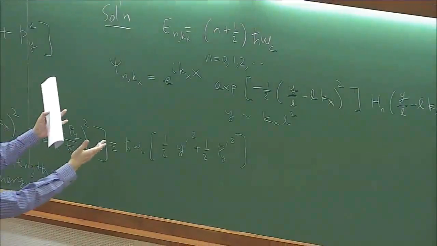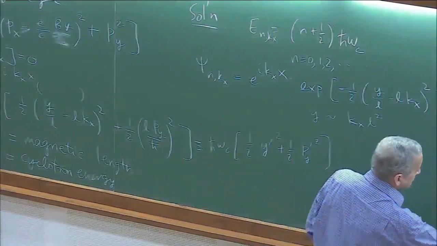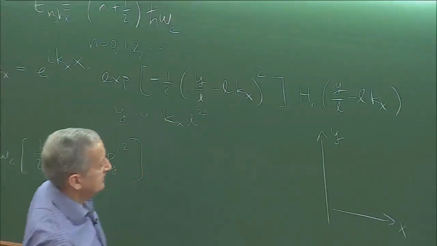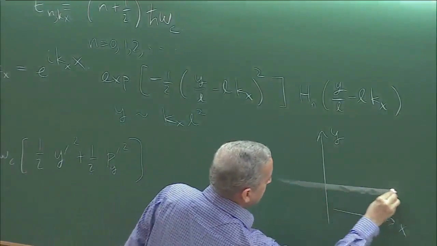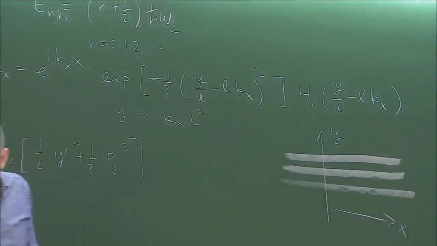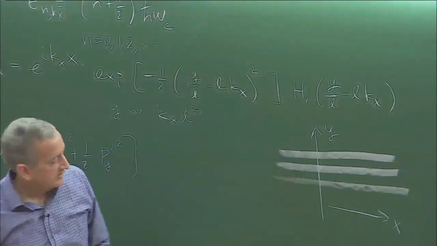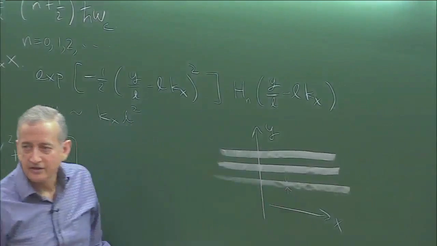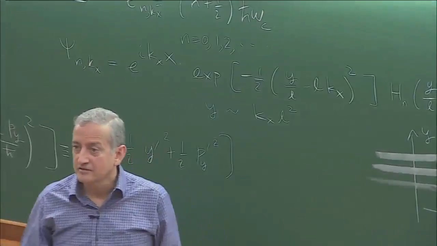So these wave functions look like this. So let's say if this is x direction, this is the y direction, then they are strongly localized along lines like this. The positions of these depend on kx, and the extent along the y direction is roughly equal to a magnetic length.